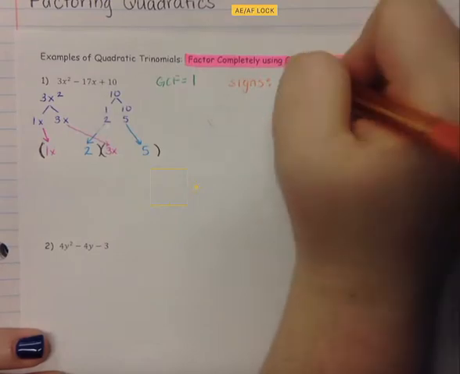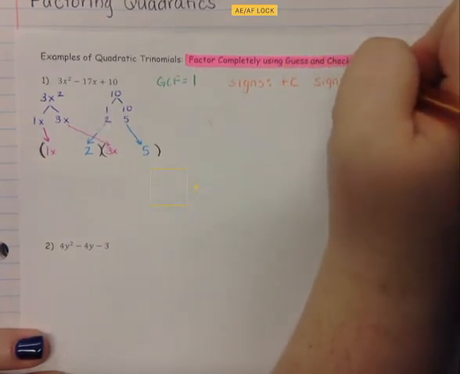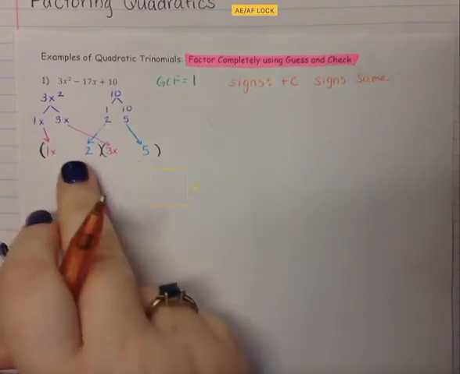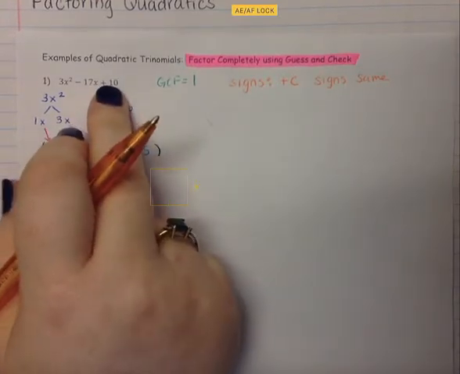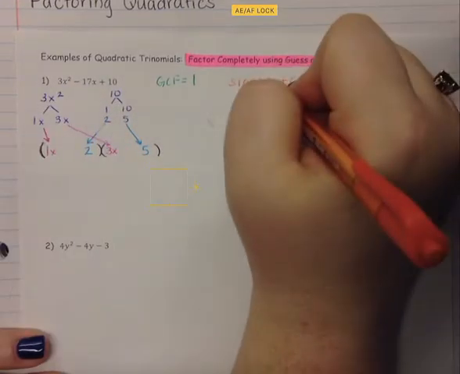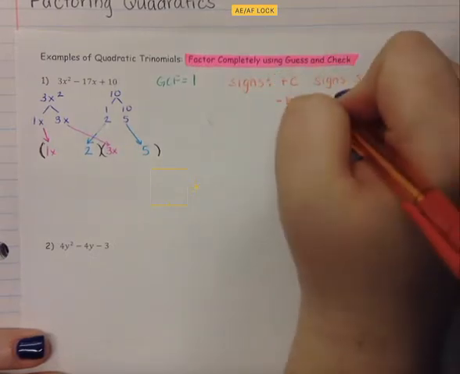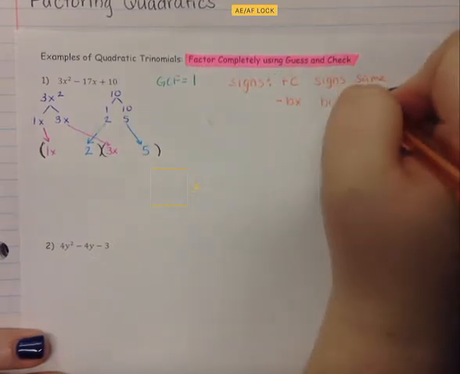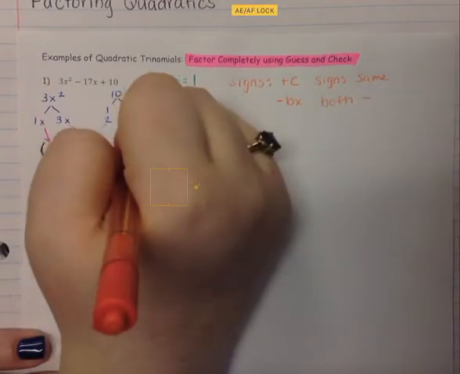That means that the signs are going to be the same. So I know that they're either both going to be positive in here, or they're both going to be negative. So it comes from the c term, then it comes from the bx term. Now I have a negative bx term, which means that they will both be negative. So I know I can actually go ahead and put both signs of negative in here.